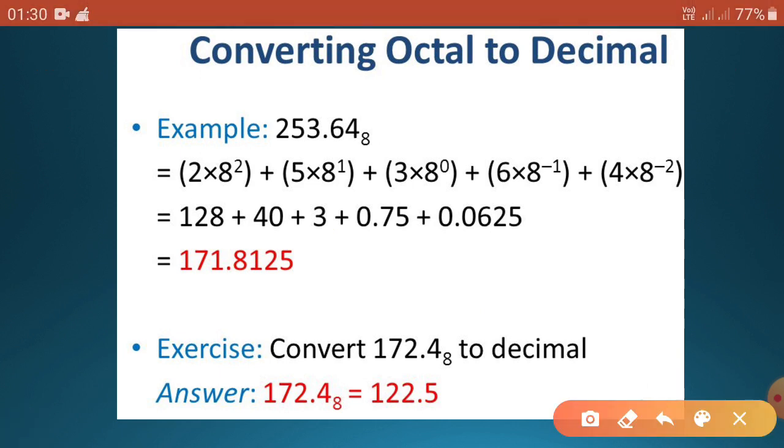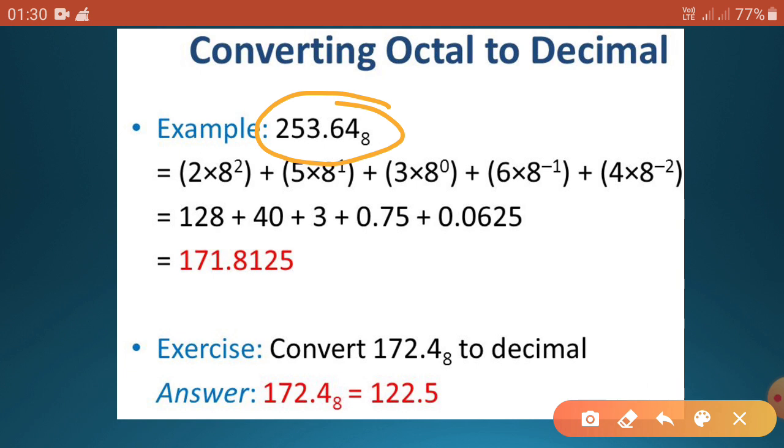Now here are more examples for you. Suppose we are converting octal to decimal when the number is a fraction. Here the example is 253.64.